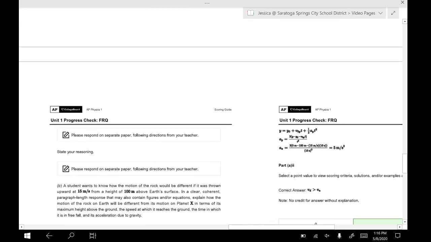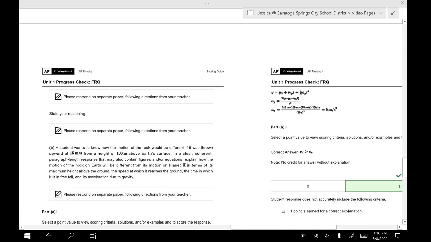Okay. And I have to state my reasoning. Okay, so the ball will reach a negative 15 meters a second. I don't know why I wrote out negative instead of just writing it.